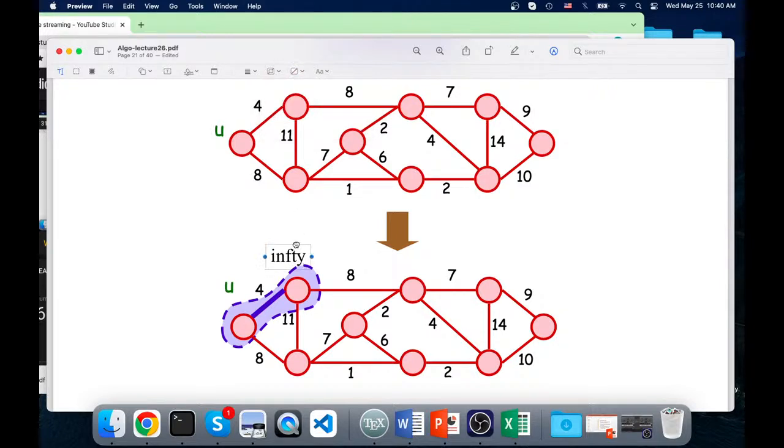So initially, this is infinity. Let me see if I can make the graph look nicer.